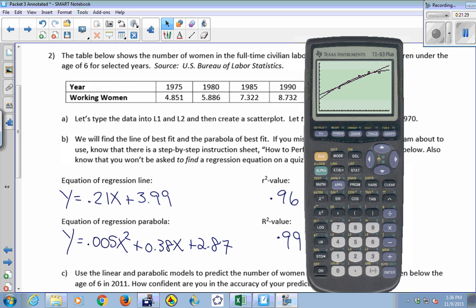Okay, which model looks better, the line or the parabola? The parabola definitely looks like it comes closer to all my data points, and the R squared value supports that it's a better fit because it's 0.99 as opposed to 0.96, closer to 1 means better fit. Yep.